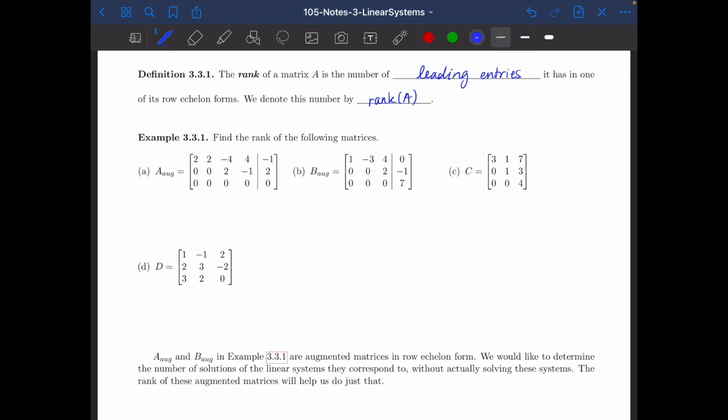Let's look at example 3.3.1. We want to find the rank of the following matrices. In part A, we have an augmented matrix. What is the rank of this augmented matrix?